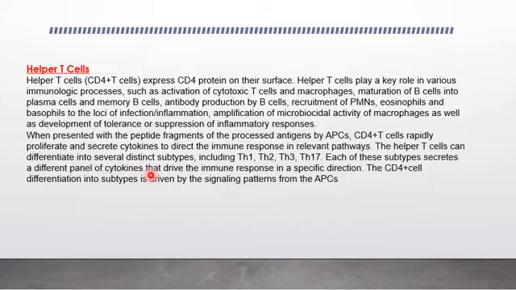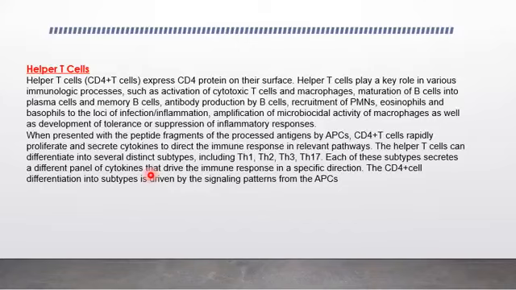So the T helper cells work as a booster or trigger to the immune system, helping other kinds of cells when, for instance, CD8 binds to pathogens. They receive the signaling pattern from the antigen presenting cells.